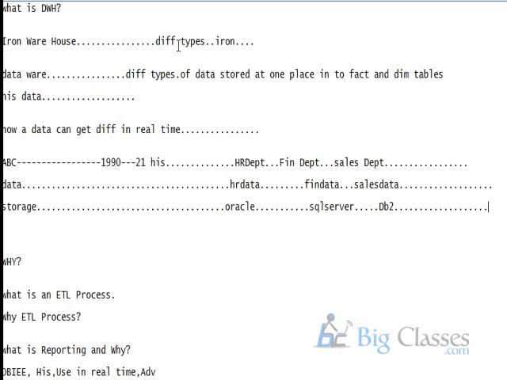So we have three different databases for three different departments. Let us assume this organization started in 1990 and has been running for 21 years, with 21 years of history.